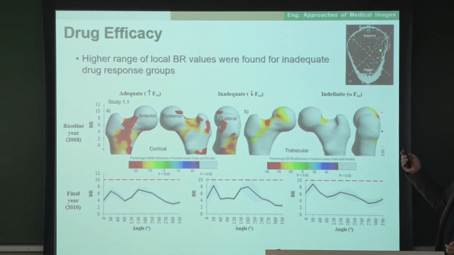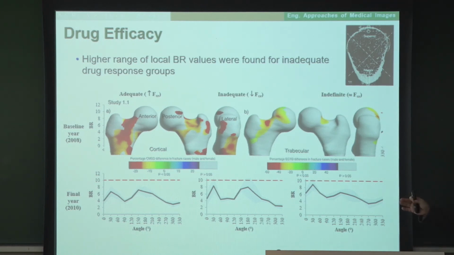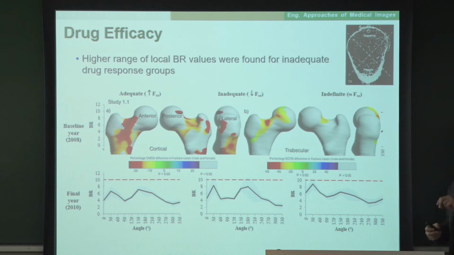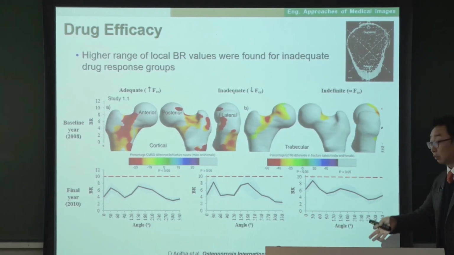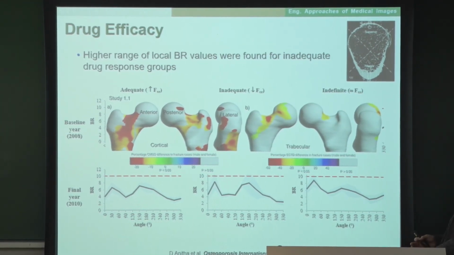And also, the surgeons already know the femoral neck is weaker in this region as well as in this region. It's not because of the material property. It's just because of the way we are walking and the way we are falling. We don't fall this way, right? We don't fall anteriorly. We usually fall on the posterior region.